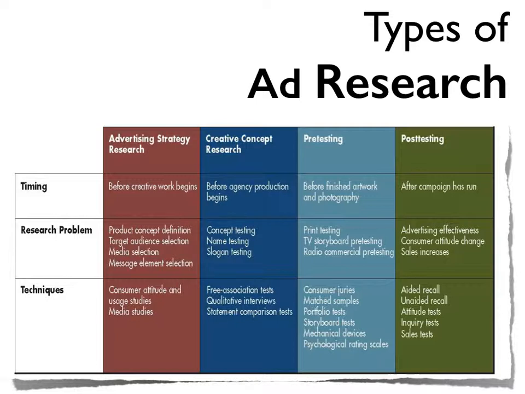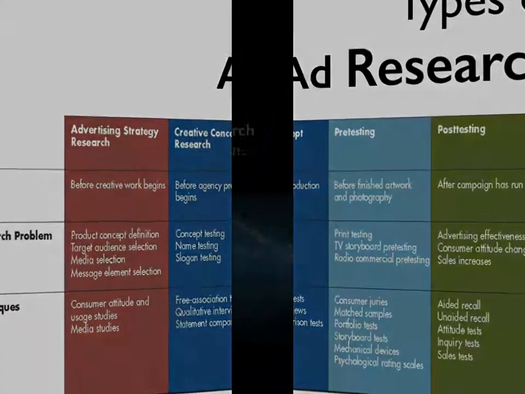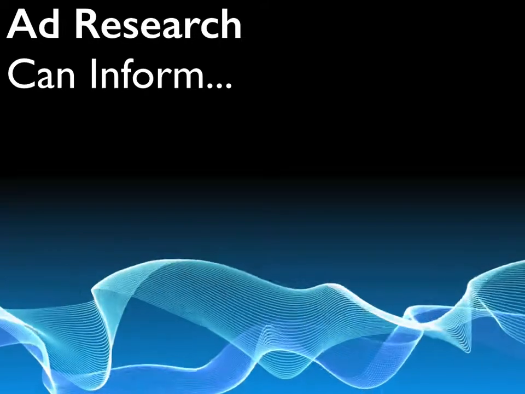You'll pre-test these things. You've probably heard of focus groups and so forth. And then there's post-testing. So what happened? How did the ad campaign actually roll out? How effective was it? You always want to know if your advertising is reaching your target.